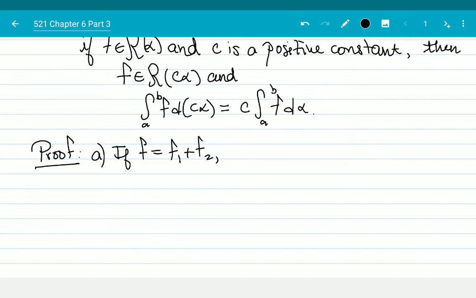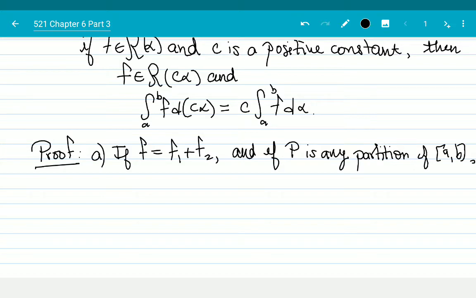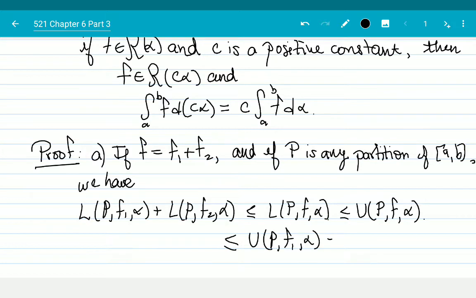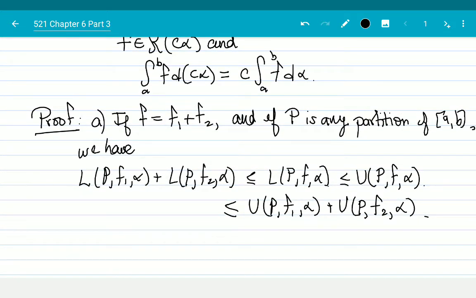If P is any partition of [a, b], then we have L(P, f1, alpha) plus L(P, f2, alpha) is smaller than or equal to L(P, f, alpha), which is smaller than or equal to U(P, f, alpha), which is smaller than or equal to U(P, f1, alpha) plus U(P, f2, alpha). Okay? Why is this true?